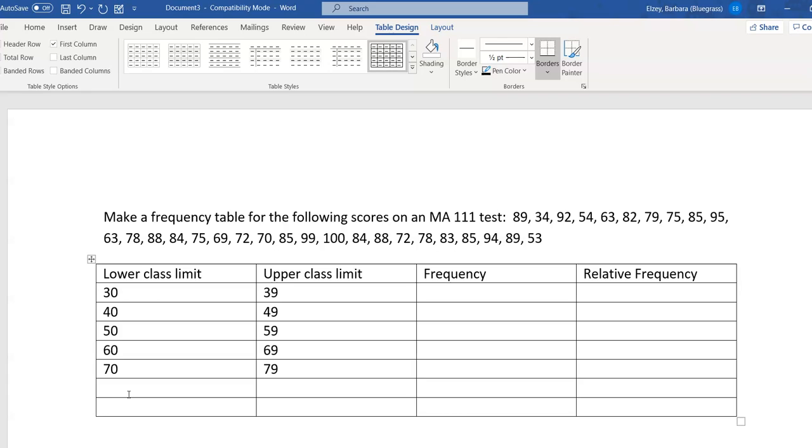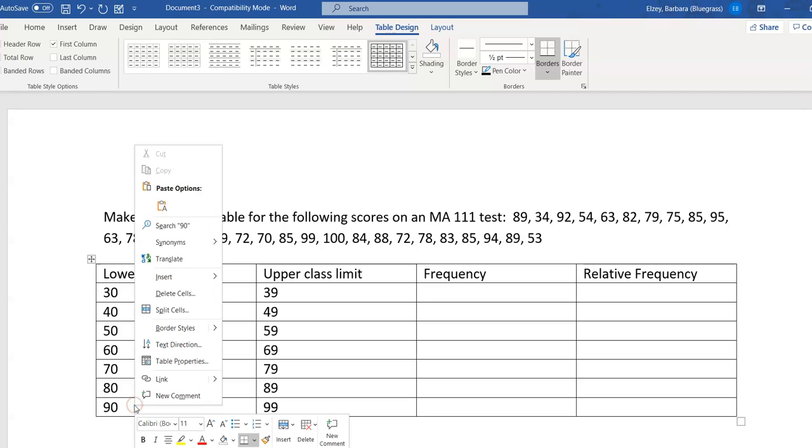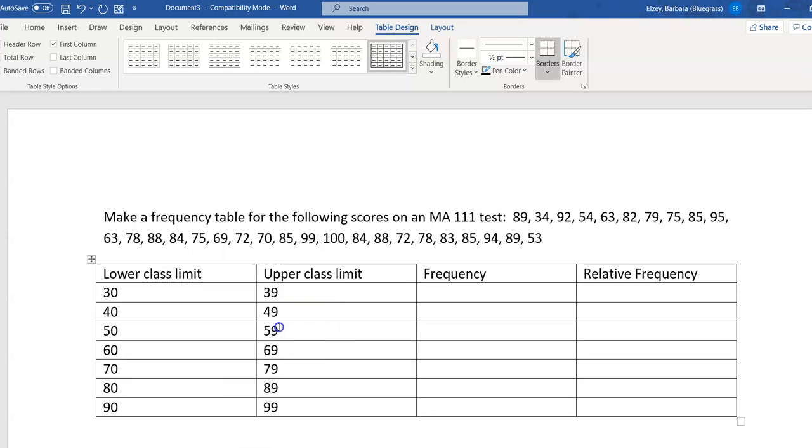And 80 to 89, and 90 to 99. And I need one more because my 100 is not going to fit in a class. So let me insert one more row. So it would go from 100 to 109. Of course, we don't have any scores up there. We only have the 100, but we have to have a place for everything to fit.